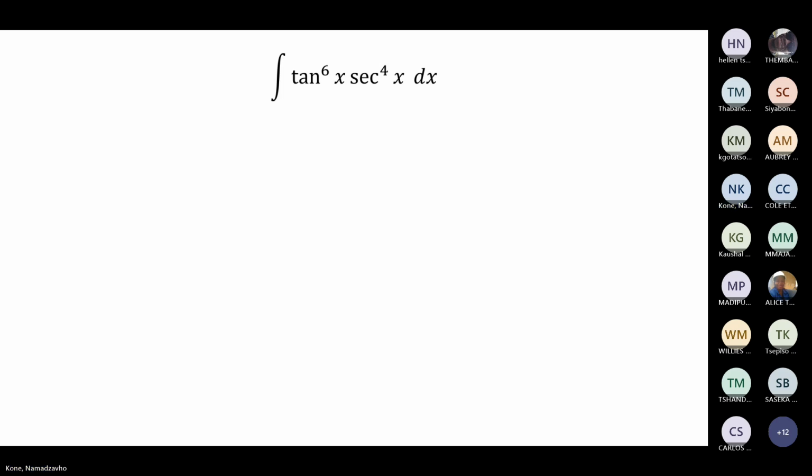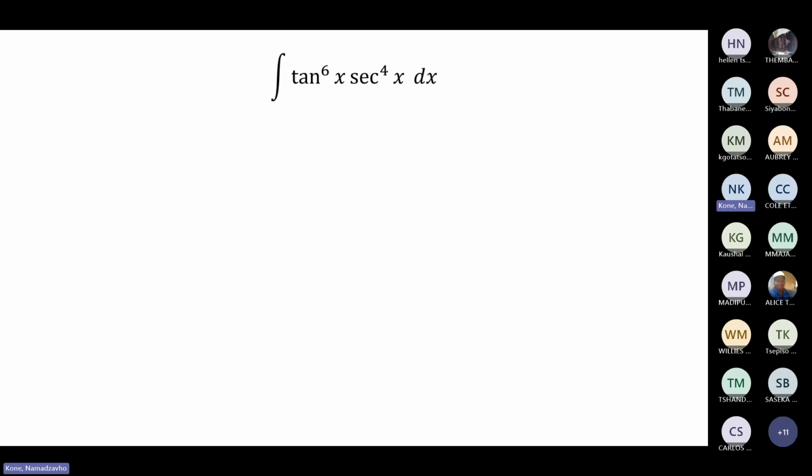Now, here, there are two possibilities for derivatives. There's a derivative of sec x. What is the derivative of sec x? Sec x tan x.